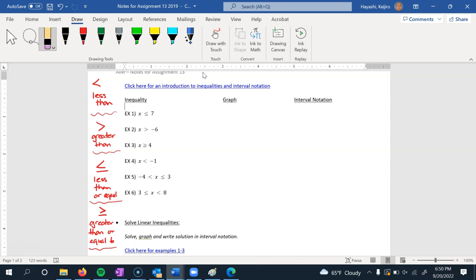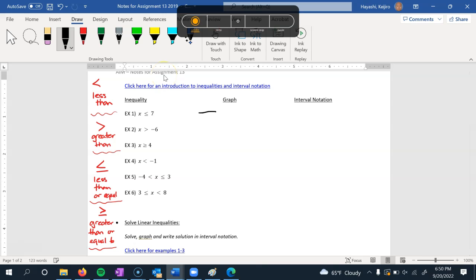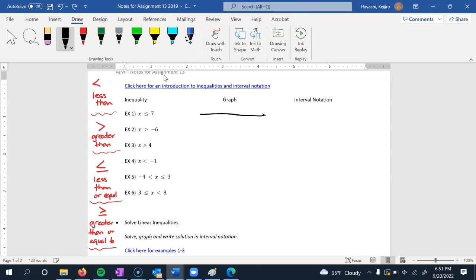Okay. But the first thing we're going to do is we're going to make a graph. And it's not a big graph, it's a one-dimensional graph, it's a number line. So just write in a little horizontal number line here. On the right-hand side of the number line, you're going more positive. The left-hand side means you're going to go more negative.